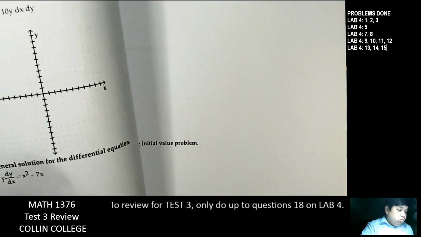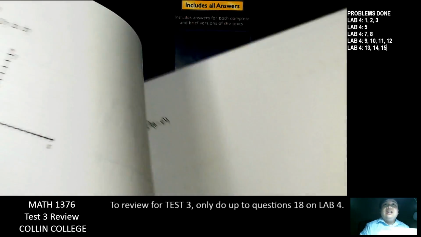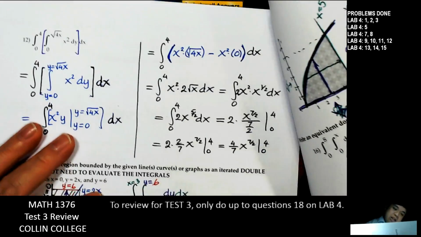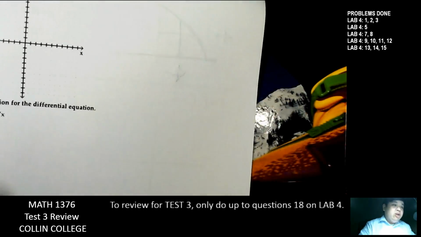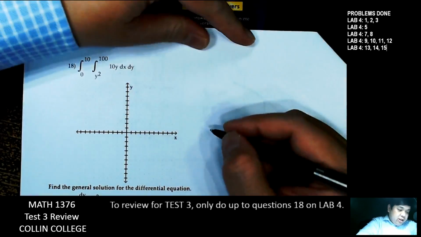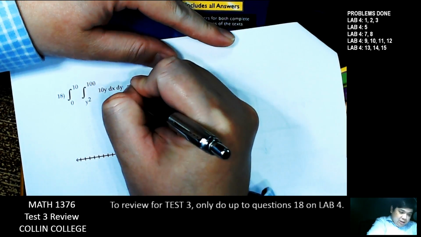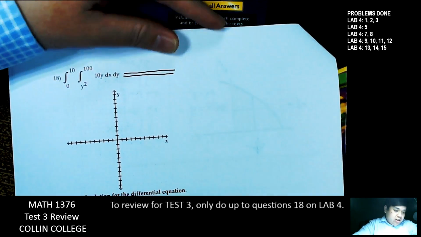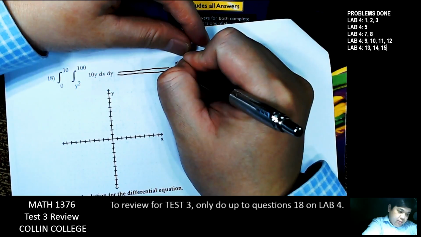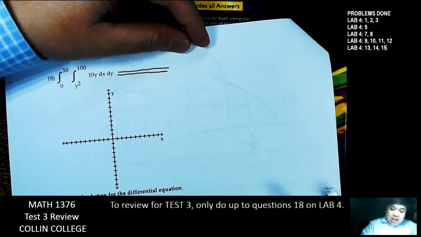Actually, I think it's better to go to 18 first. This will reverse the order of integration. So this is dx dy, so somehow we will turn this to a dy dx.